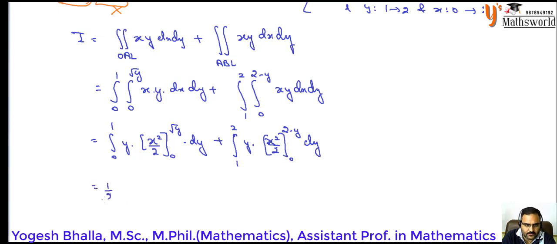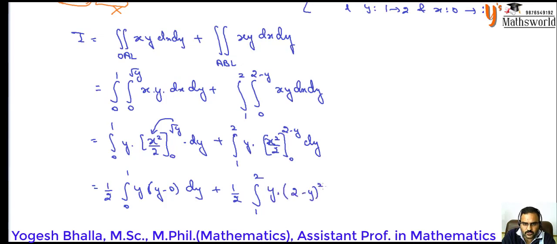That will be equal to half, 0 to 1, y times root y whole square, that is y, minus 0, dy, plus again half, 1 to 2, y times (2 minus y) whole square, dy.